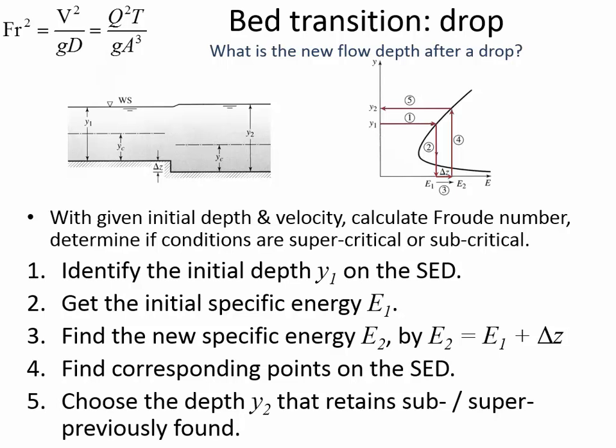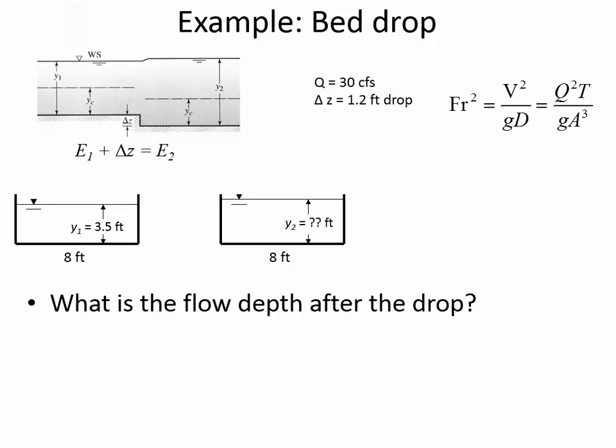How much energy you gained is all because of the delta z, but it puts some of that energy into additional depth and some of it into velocity head. So y2 is more than y1 plus delta z because this is a curve. If it was linear, then that's all it would be. But because it's curved, there's a nonlinearity that means that both the velocity head and the depth are changing. So we'll do some specific calculations to illustrate that with this example.